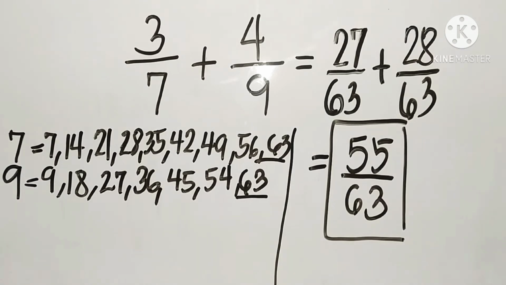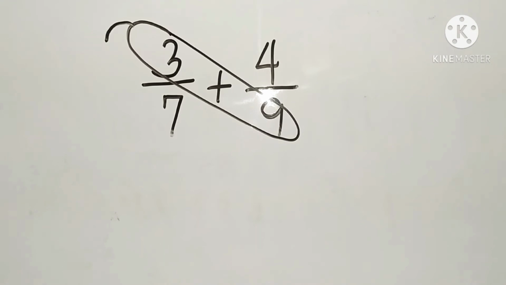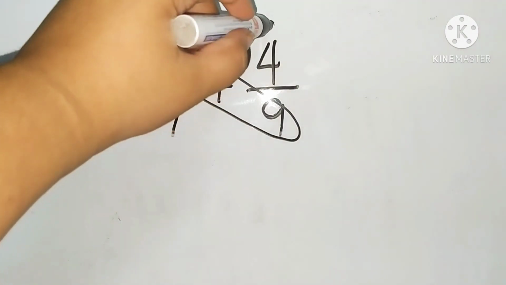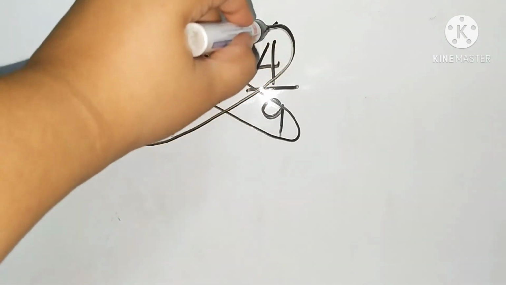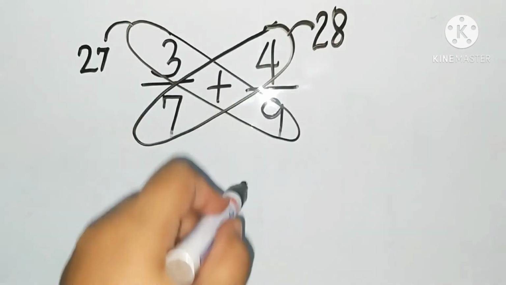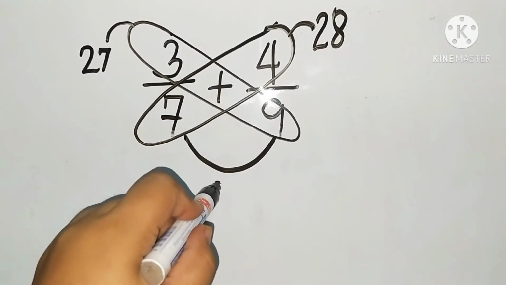Try naman natin yung susunod, which is the butterfly method. Same given pa rin tayo, 3 over 7 plus 4 over 9. 3 times 9 is 27. And then the other side naman, 7 times 4, may antenna ulit, so that is 28. And then multiplied also the denominator, 7 times 9, that is 63.